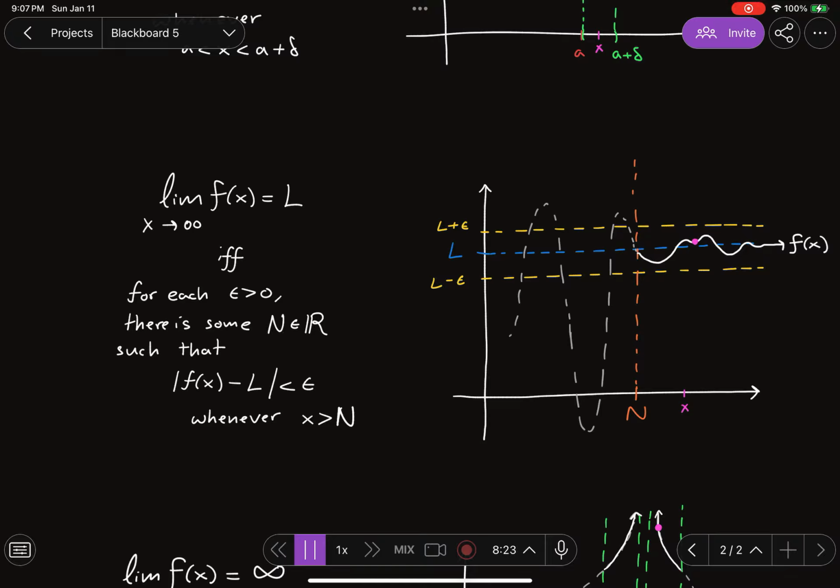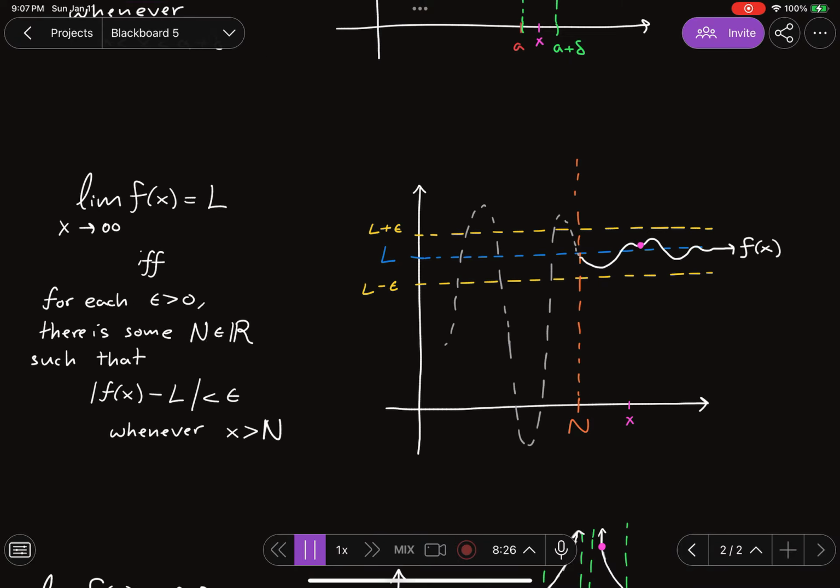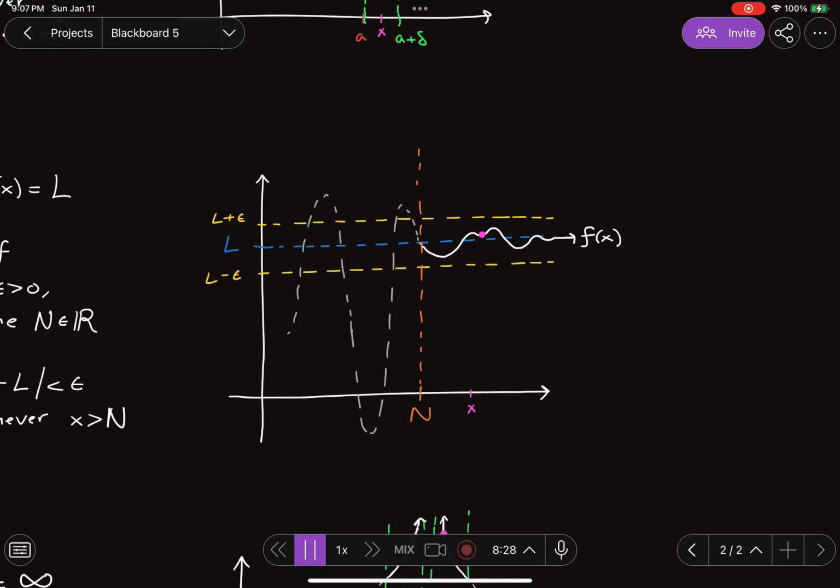So here's what all that nonsense gibberish means: if my function acts all insane on the left side of n, I don't care. So I have a limit here, and I go away from the limit by some small number, epsilon.